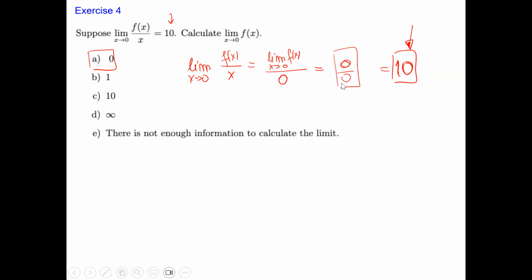But since 0 over 0 is an indeterminate form and we know the final answer, I mean, having 0 in the denominator, because this is our answer, then we will assume that this is 0, because 0 over 0 could give us a finite number. That's the only case. Okay, this has to be 0.